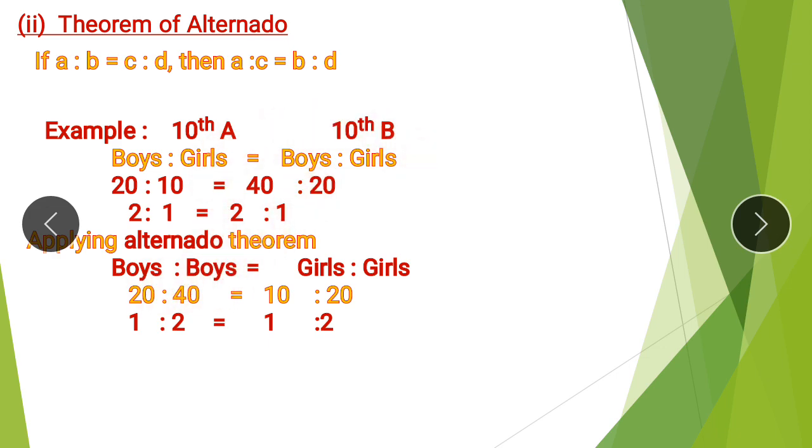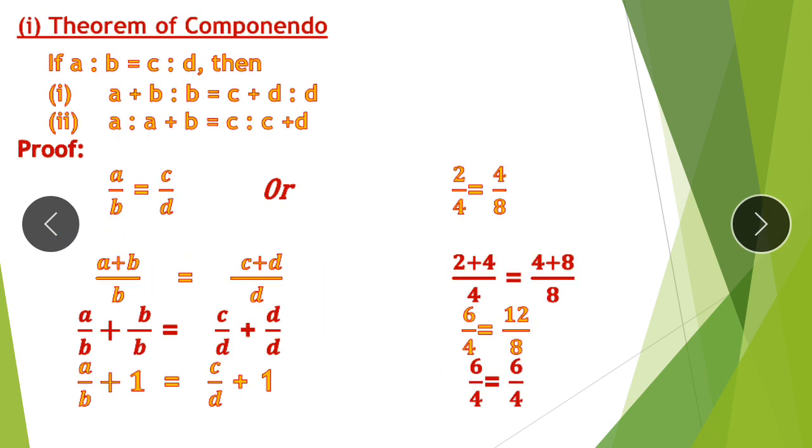So as a result, the ratio will remain the same. You can see here that these are the same, 1:2 and 1:2. It is not like 1:4 or 1:3. So we can conclude again that the theorem of alternando will have no effect on the proportions or on the ratios.